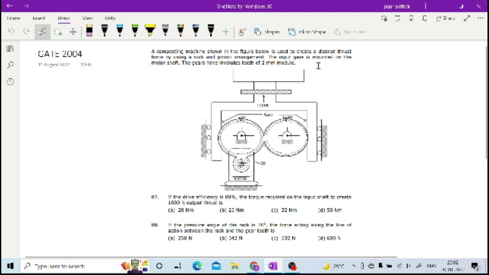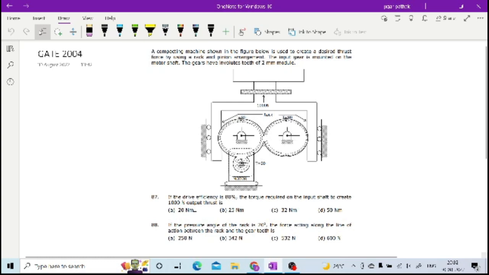The input gear is mounted on the motor shaft, right? The gears have involute teeth of 2 mm module. Now you are asked to find the torque required on the input shaft to create 1000 Newton output thrust, right? Here as it is mentioned.